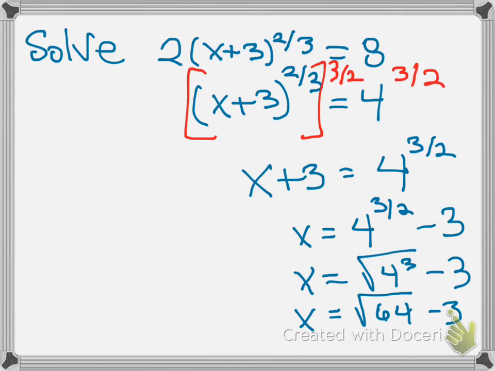So this is really the square root of 64 minus 3. And we know the square root of 64 is 8. So this is 8 minus 3, so our solution is actually 5. And of course, as always, you should plug your answer back in to make sure you've done this correctly.